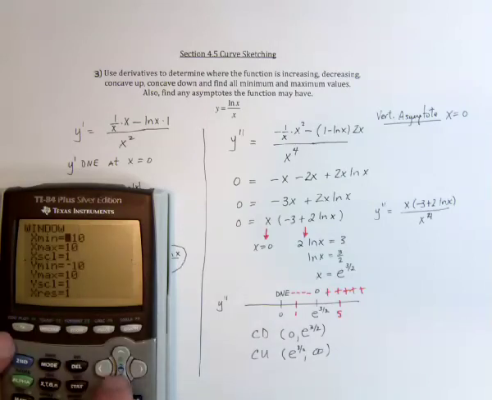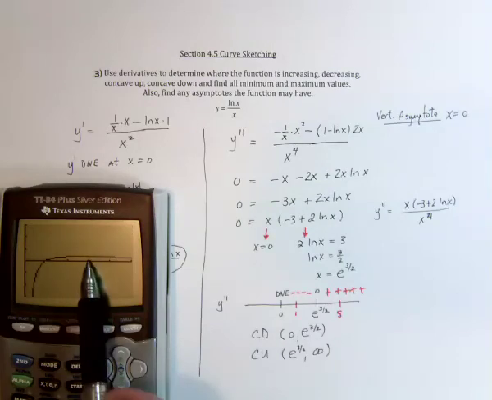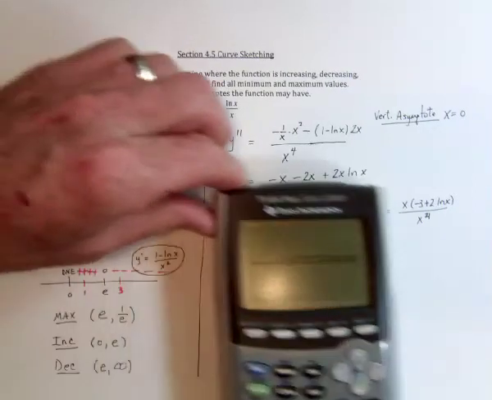So I need to zoom in a little bit. Let's see, I don't need any negatives. Going out to 5 should probably do it, and from, let's say, -3 to +3. How's that look? Pretty good. So it looks like the maximum is right around in here. What did we find?